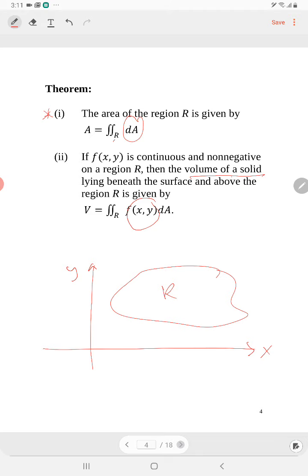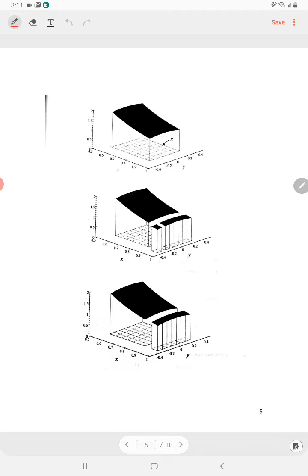It's a similar process. So here, let's say this is our surface z equals f of xy. So the volume of the solid under the surface z equals f of xy would be the area of the base multiplied with the height.